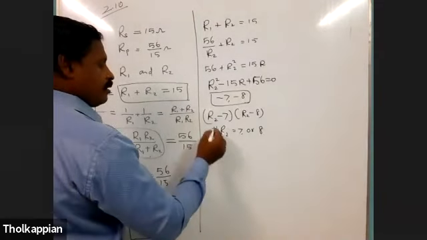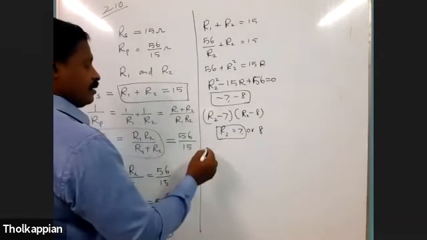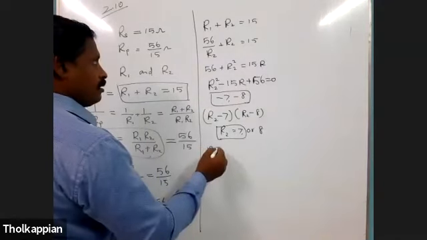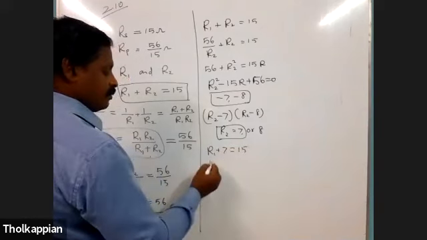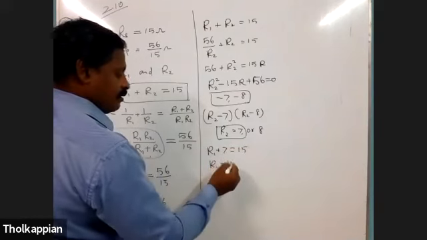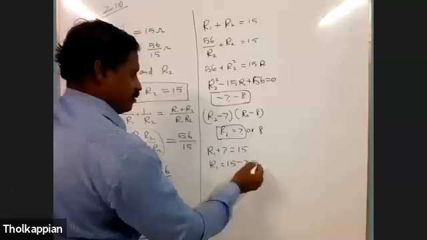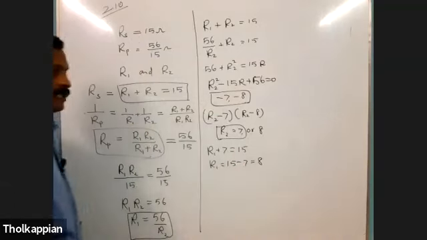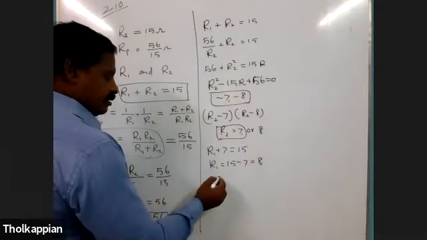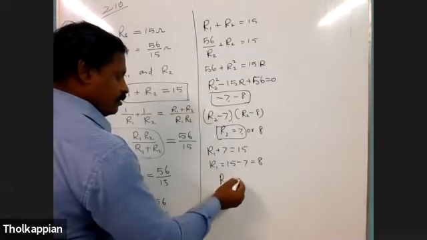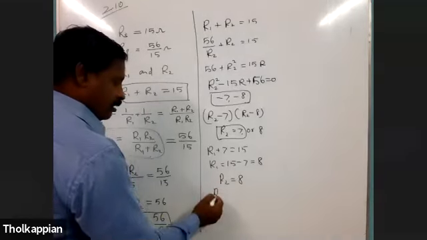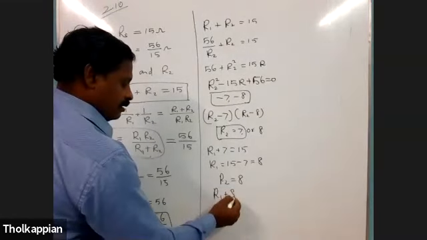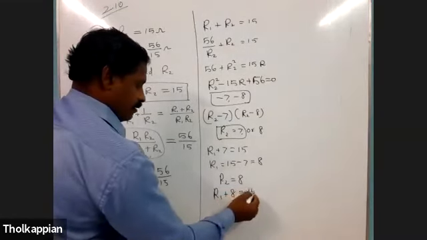First, put R2 is equal to 7. So R1 plus 7 is equal to 15. So R1 is equal to 15 minus 7, which is equal to 8. And next, keep R2 is equal to 8. So R1 plus 8 is equal to 15.